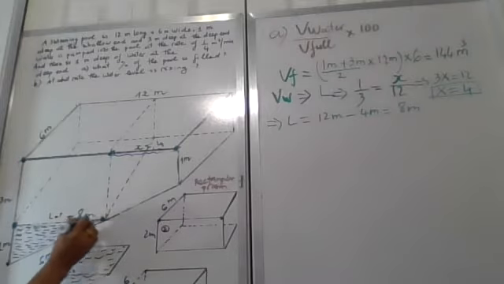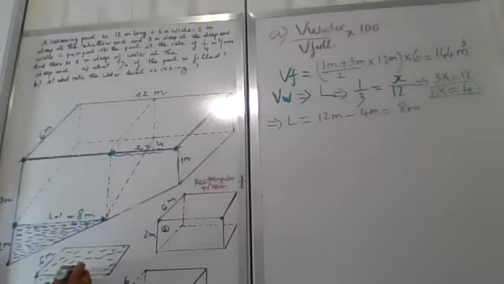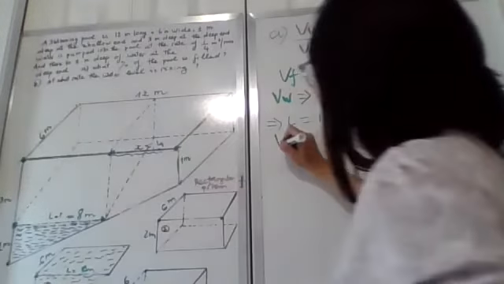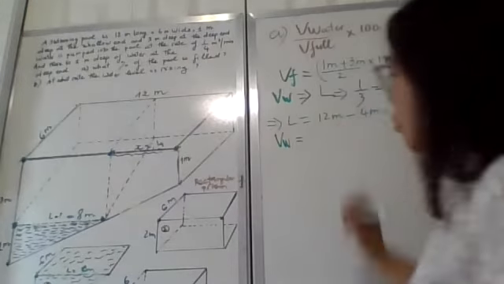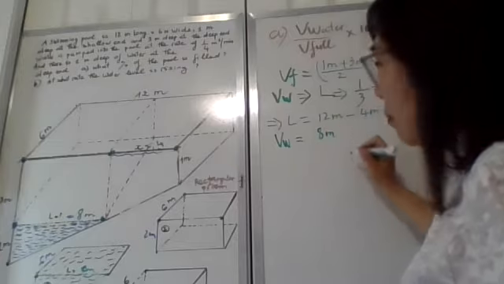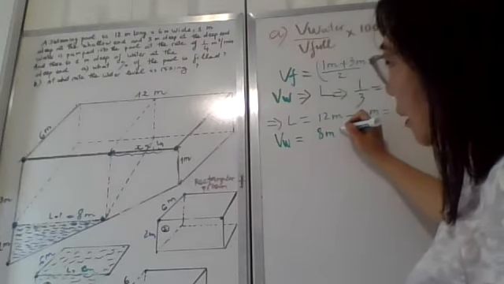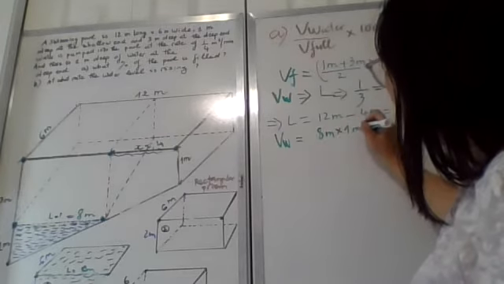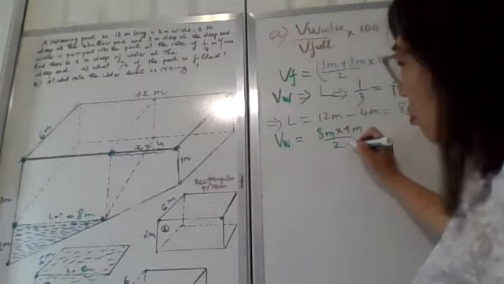The length of the water here, this one, equal 8 meter, right? So now we can find the volume of water easily. So volume of water will be equal to 8 meter base times height, which is 1 meter, divided by 2, right?